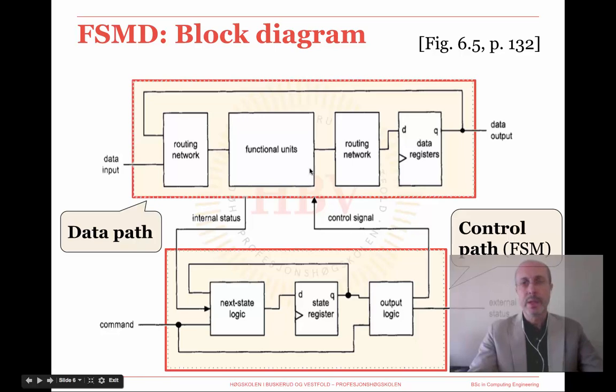These control signals are, of course, needed to identify which operations are required to take place at any given moment, and likewise how to store the results. So apart from these internal signals, there are, of course, the external data inputs and outputs, and the external command inputs to the control path, and external status outputs.